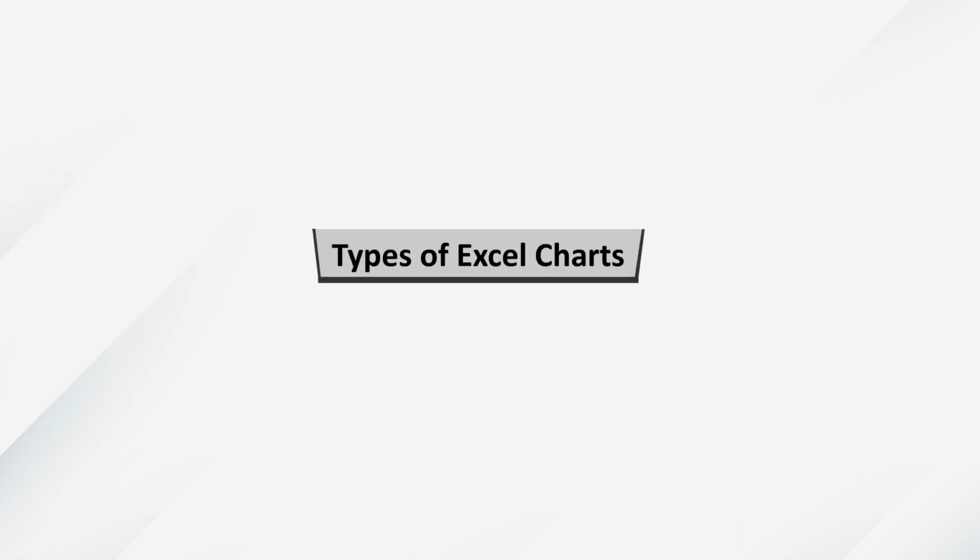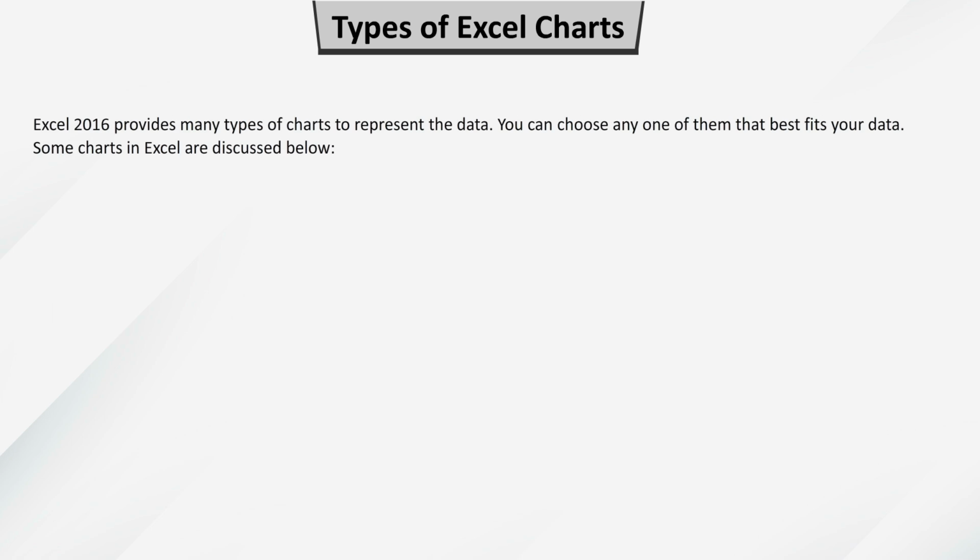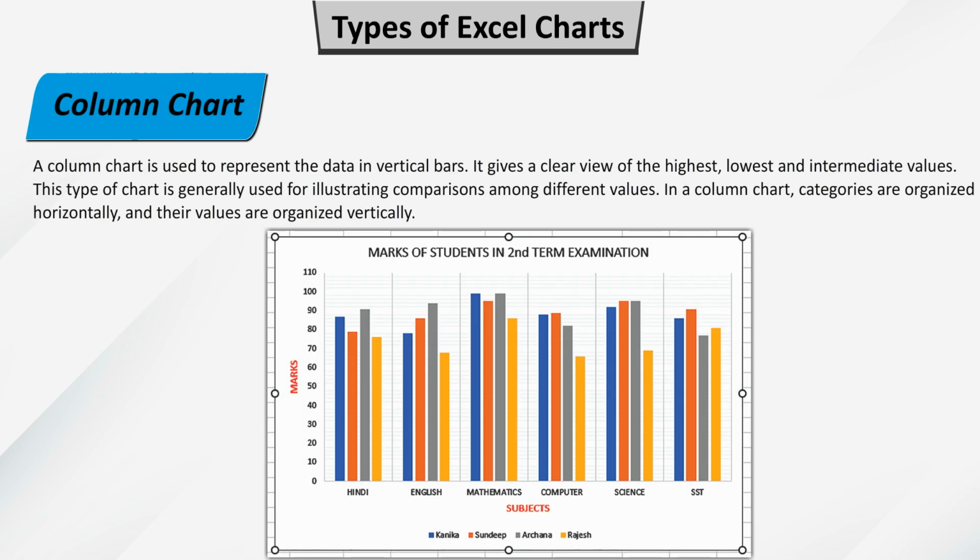Types of Excel charts. Excel 2016 provides many types of charts to represent the data. You can choose any one of them that best fits your data. Some charts in Excel are discussed below. Column chart: a column chart is used to represent the data in vertical bars.